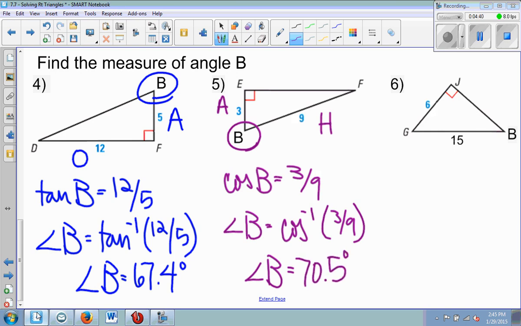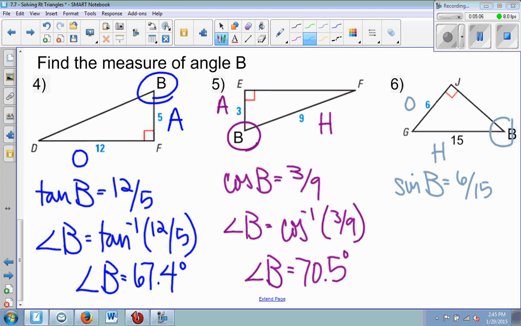The last one over here, first thing we do, circle the angle, which is B. From that angle, the 6 is the opposite side, the 15 is the hypotenuse. So if I want to figure out which trig ratio to use, O and H tell me to use sine. So we're going to say sine of angle B is equal to 6/15, opposite over hypotenuse.